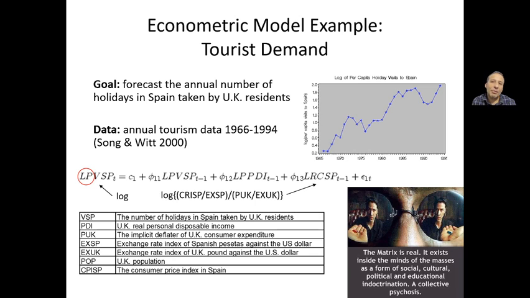Allow me another metaphor here. The matrix is real, it exists inside the masses as a form of social, cultural, political, and educational indoctrination and collective psychosis. So imagine that we want to use this sentence of the matrix in order to forecast a collective psychosis.